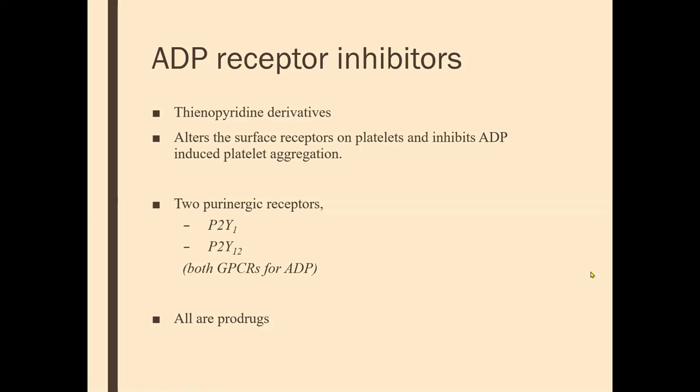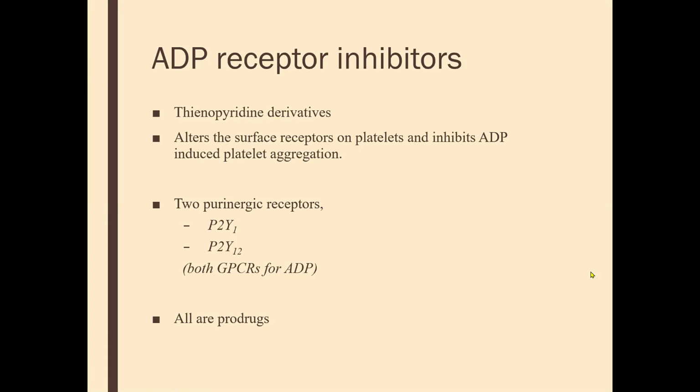Okay, next is ADP receptor inhibitors, right? Like ticlopidine, clopidogrel, and so on. Now these are all thienopyridine derivatives, right? And the mechanism is mainly they alter the surface receptors on platelets, that is the ADP receptor, and inhibit ADP-induced platelet aggregation.